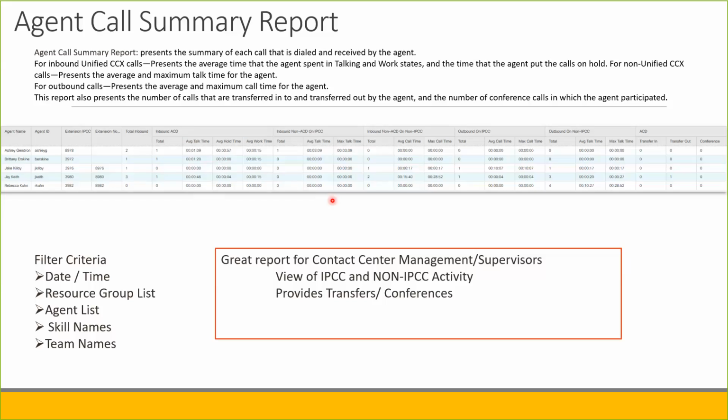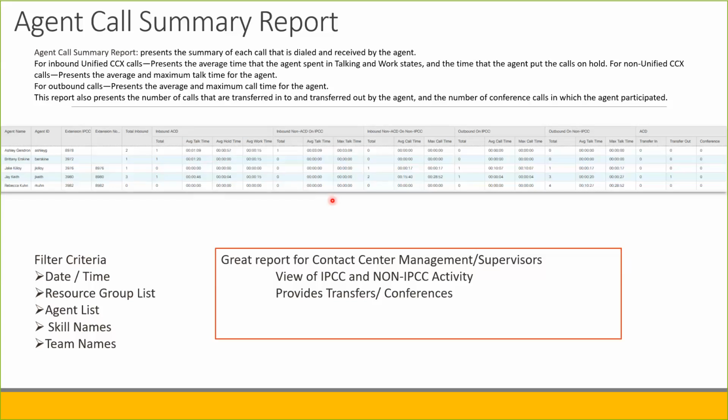The second difference is IPCC versus non-IPCC. Extension IPCC is defined as the last active UCCX extension that Unified Communications Manager assigned to that agent. And what that means in a nutshell is that is the extension that the agent logs into Cisco Finesse or, back in the day, Cisco CAD.